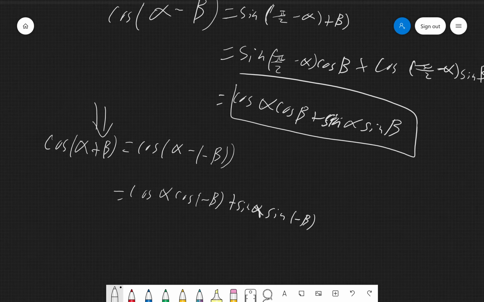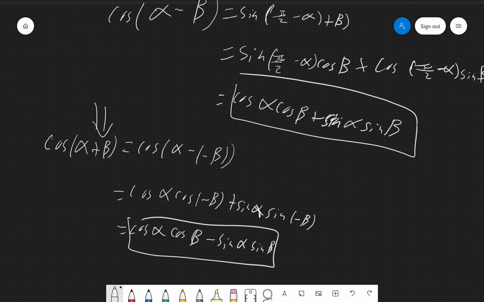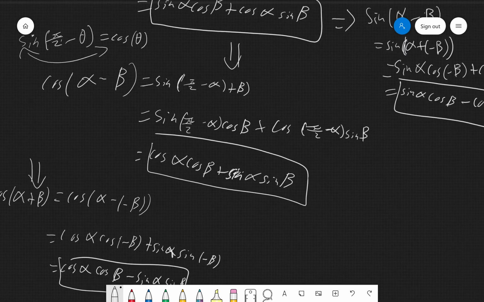Cosine of negative beta is just the cosine of beta. And the sine of negative beta is negative sine of beta, so the negative goes out. And that's it. We have all 4 of our identities, the main ones.